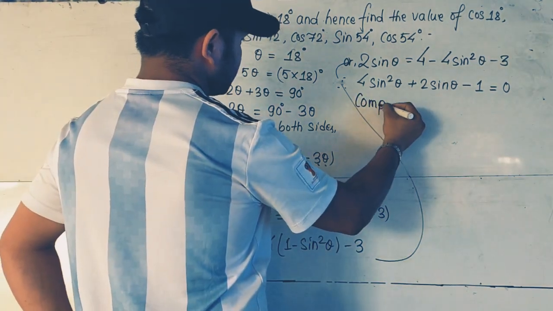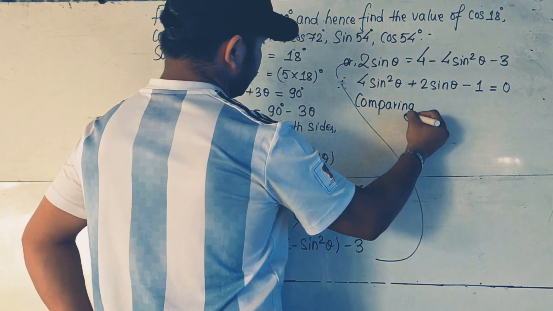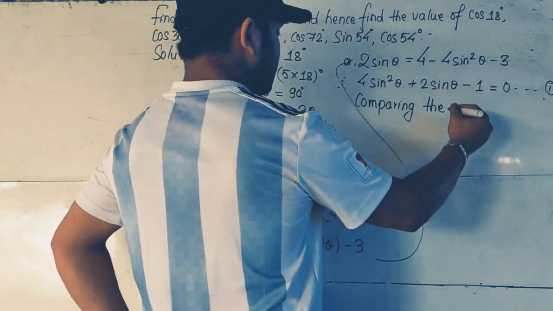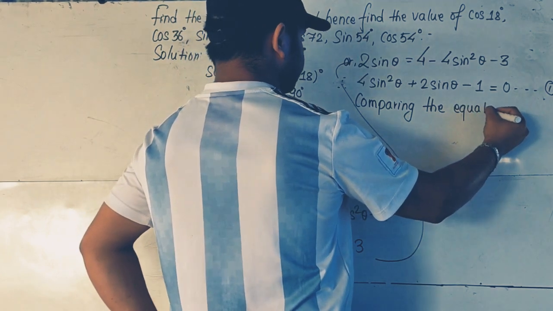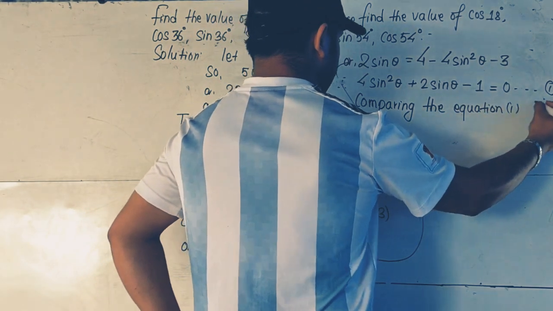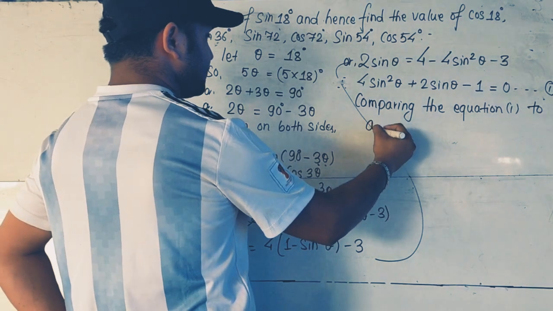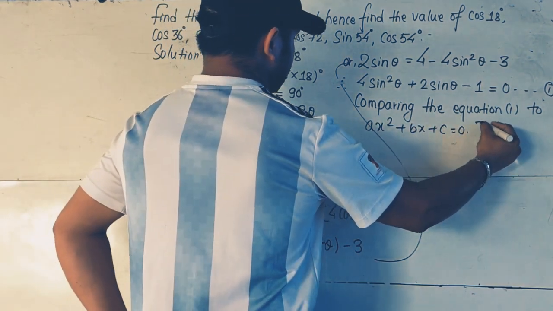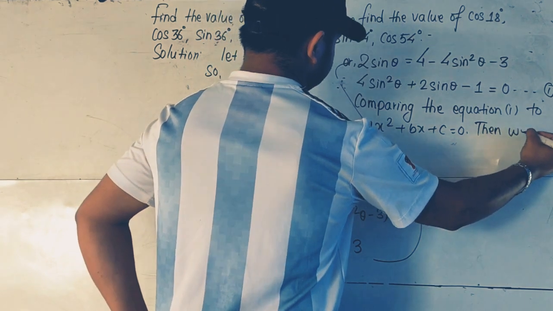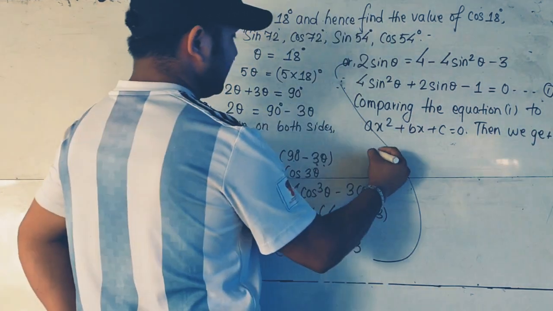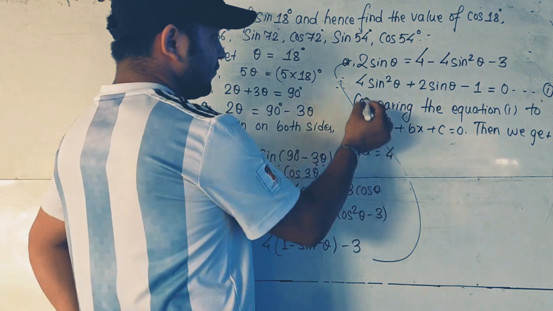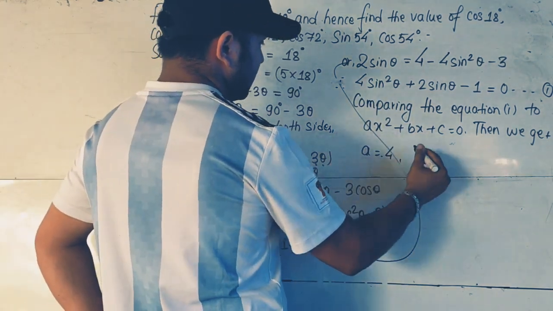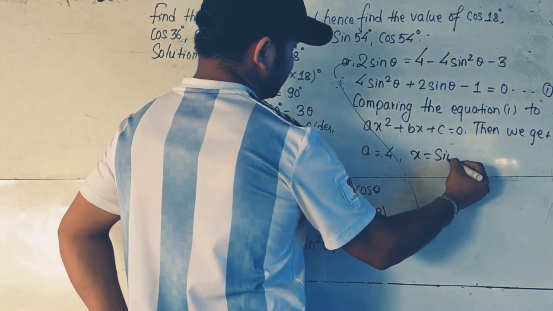To solve this quadratic equation, let's call it equation 1. We will compare this equation 1 to ax square plus bx plus c equal to 0. Then we get a equal to 4, and x equals sine theta.